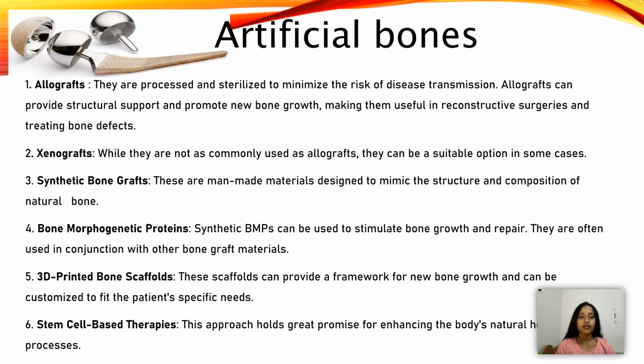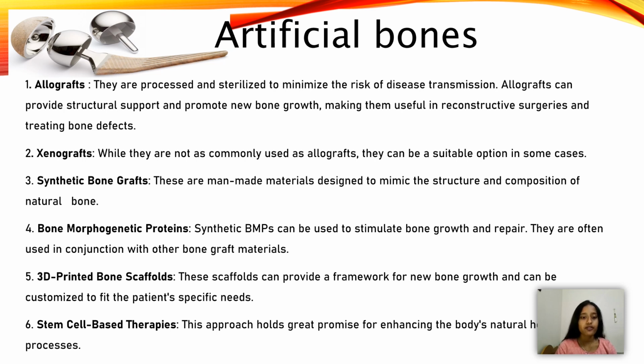Let us look at it one by one. Allograft is the regeneration of bone using a human donor. A human can donate the graft of the bone, and then it is implanted, and the growth of new bone is promoted.